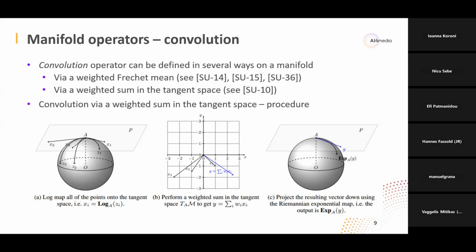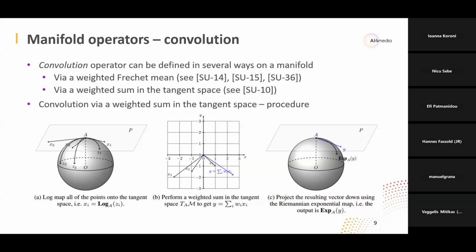Sounds complicated, but actually it's just a generalization of the arithmetic mean to non-Euclidean spaces, to manifolds. Because this is the Frechet mean.